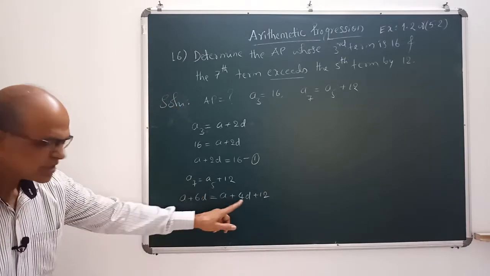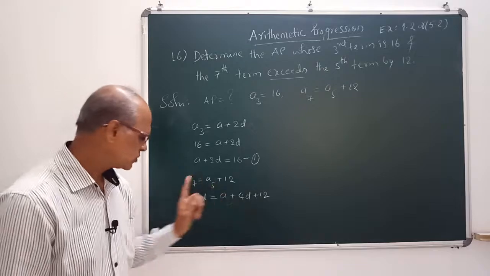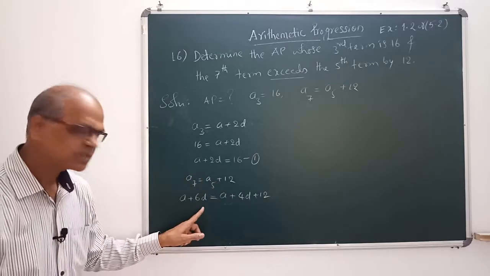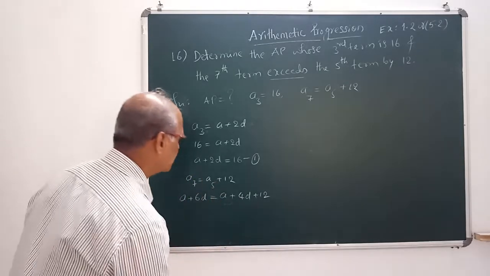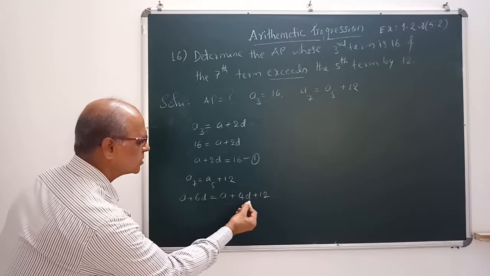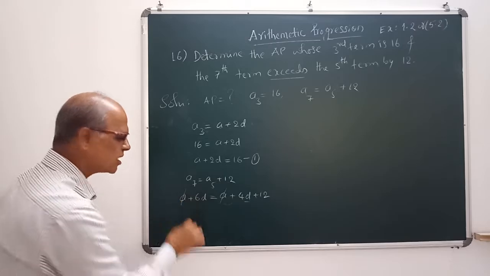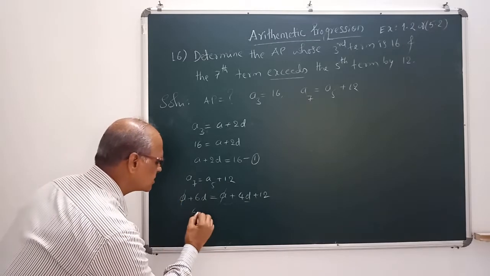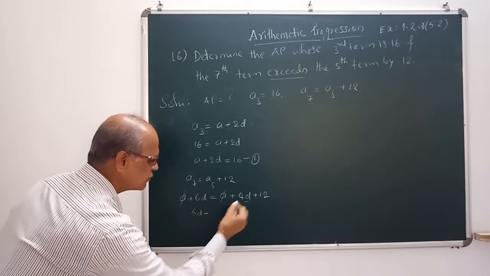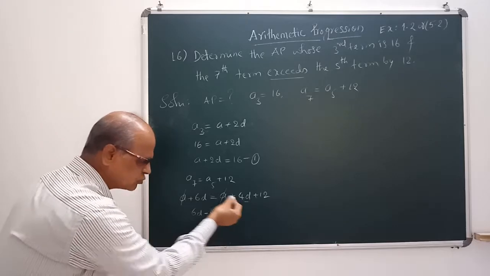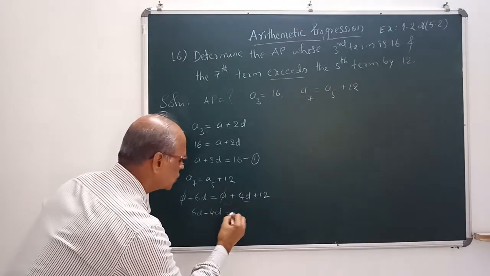A5 means A plus 4D plus 12. A7 means A plus 6D. Now you have to simplify this. 6D is greater, bring this 4D to the LHS. This A gets cancelled. That means 6D minus 4D, this plus will become minus, is equal to 12.